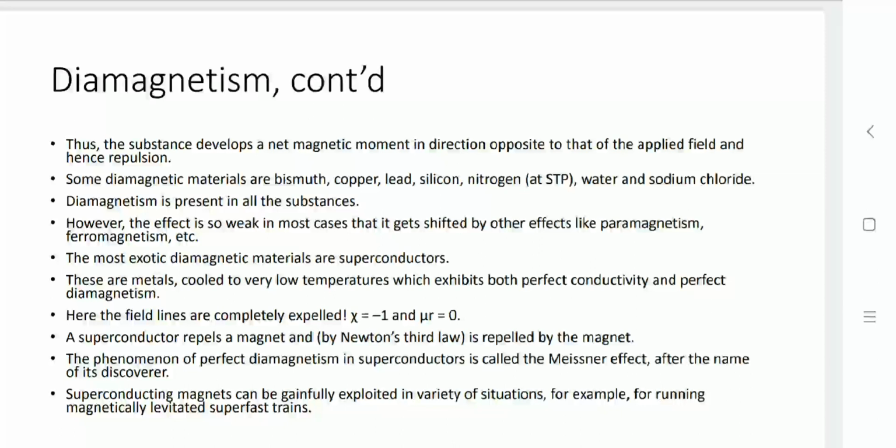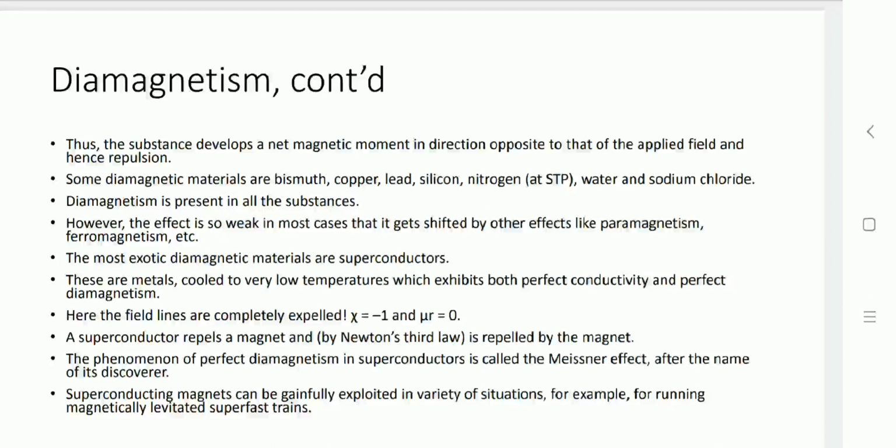A superconductor repels a magnet and is repelled by a magnet. A superconductor, at a low temperature, gives a perfect conductivity, because its conductivity is very high even at low temperature.